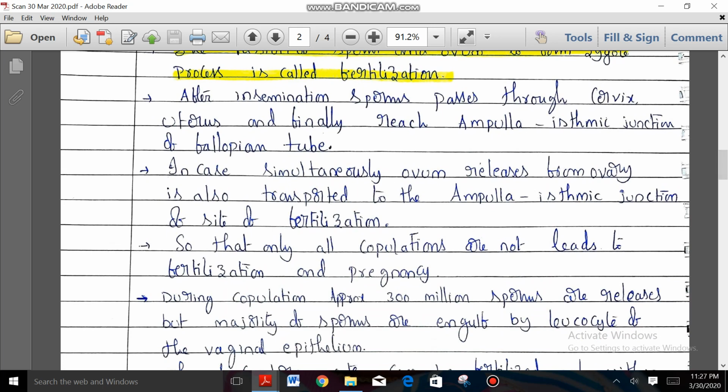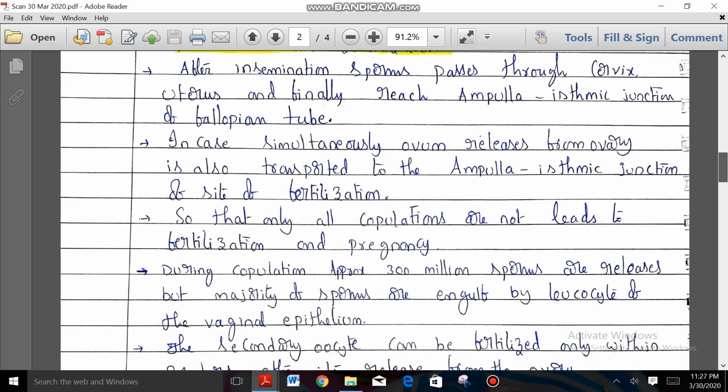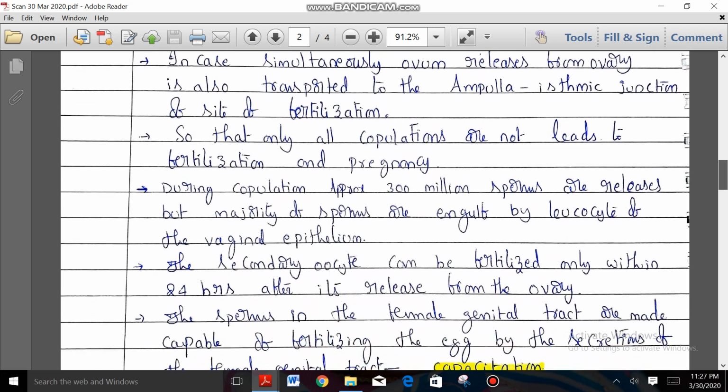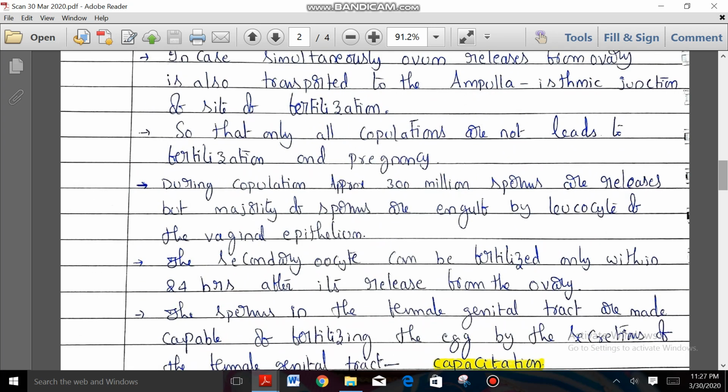The sperms are released in the region of the vagina, pass through the cervix and uterus, and finally reach the ampulla and isthmic junction of the fallopian tube, right? If the ovum is released from the ovary simultaneously, fertilization occurs at the junction of the ampulla and isthmus.